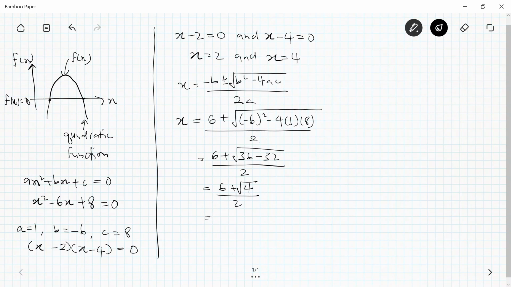This becomes 6 plus 2, which is 8. 8 divided by 2 is equal to 4.